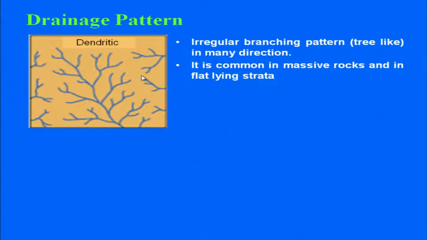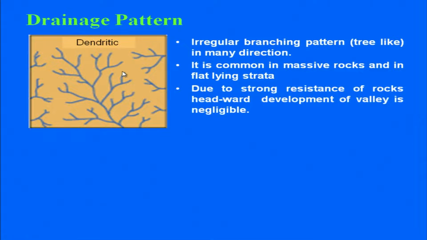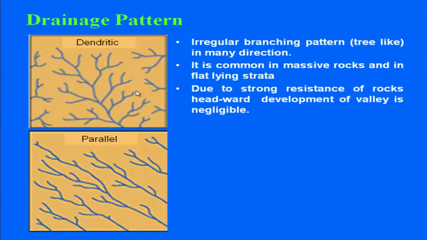Common in massive rocks or flat-lying strata, such drainage is developed due to strong resistance of rock. Headward development of valley is negligible, so it will keep on developing at the same place.